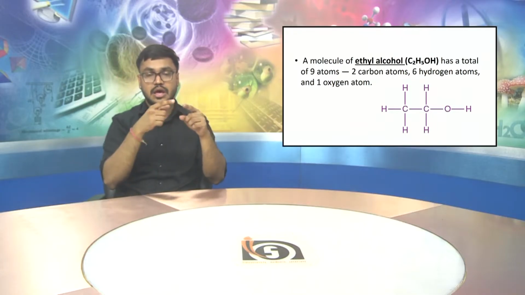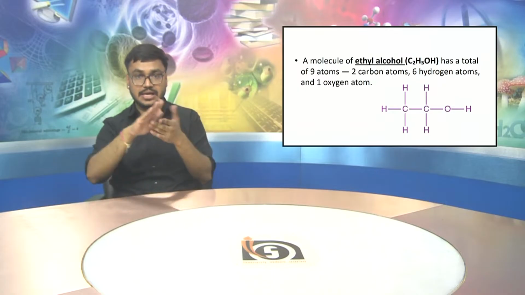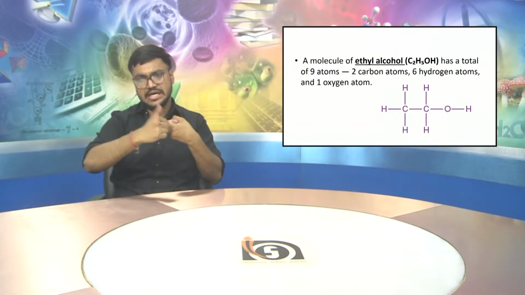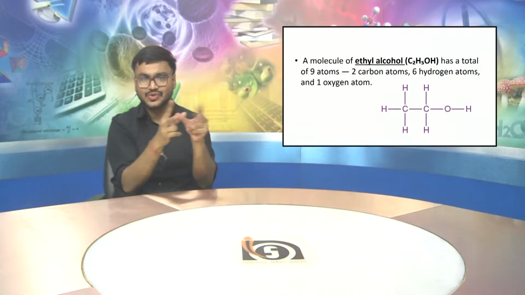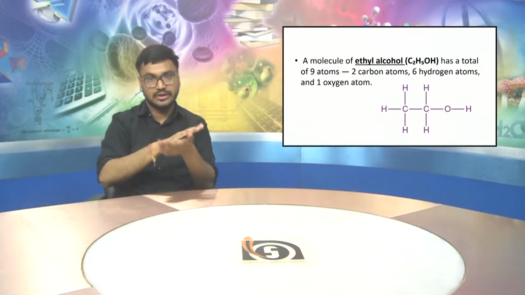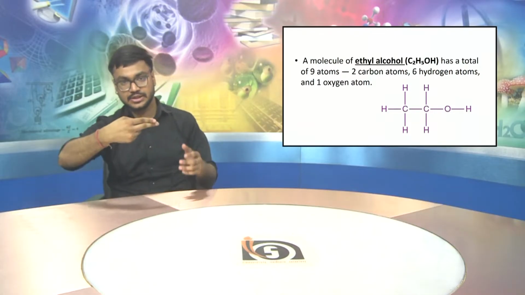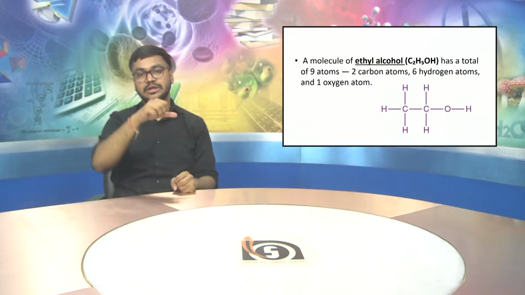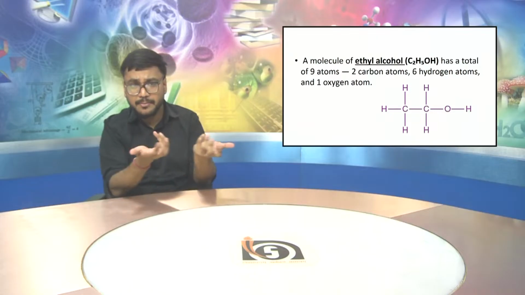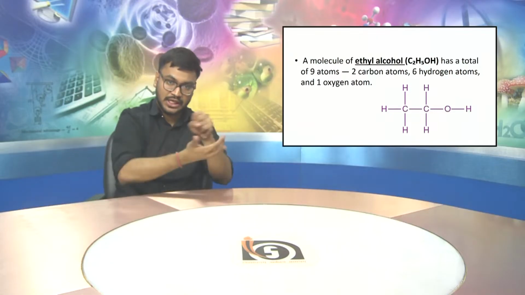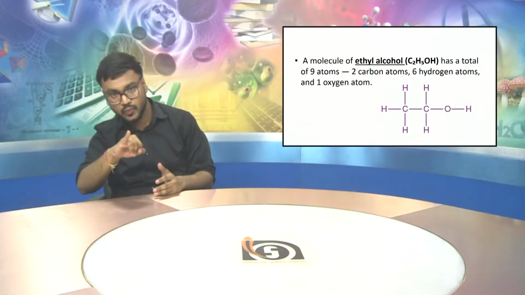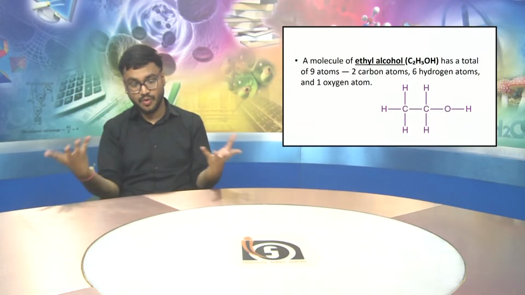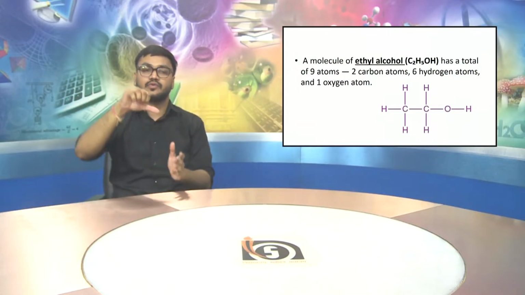A molecule of ethyl alcohol is written as C2H5OH. It has a total of 9 atoms, of which 2 are carbon atoms, 6 hydrogen atoms and 1 oxygen atom.